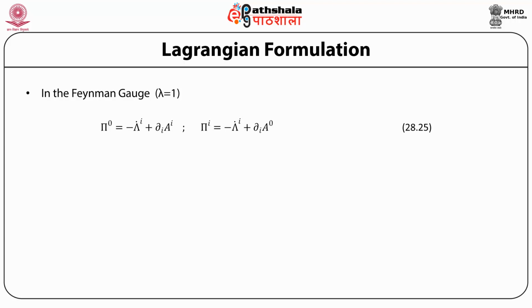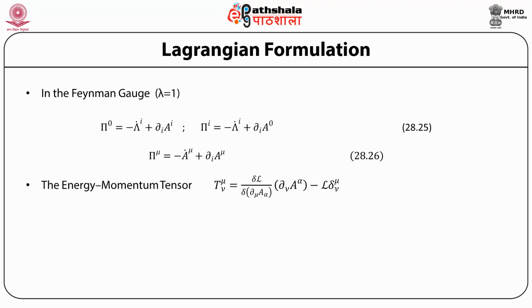In the Feynman gauge, λ is equal to 1, so π^0 is equal to minus Ȧ^0 plus ∂_i A^i. π^i is equal to minus Ȧ^i plus ∂^i A^0, and π^μ is equal to minus Ȧ^μ plus ∂^i A^μ.